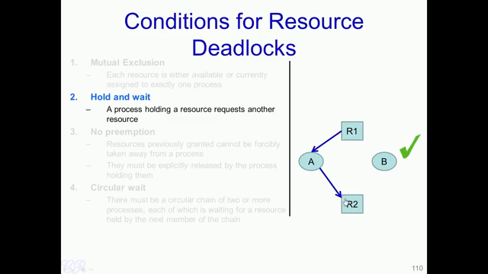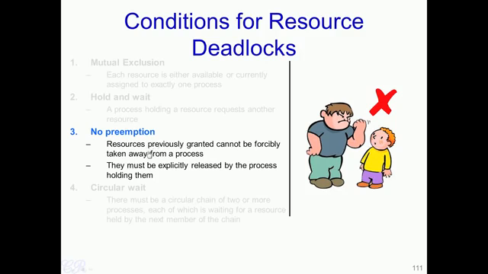The third condition for a deadlock to happen is no preemption. Essentially, resources which an operating system previously granted to a particular process should not be forcibly taken away from that process.